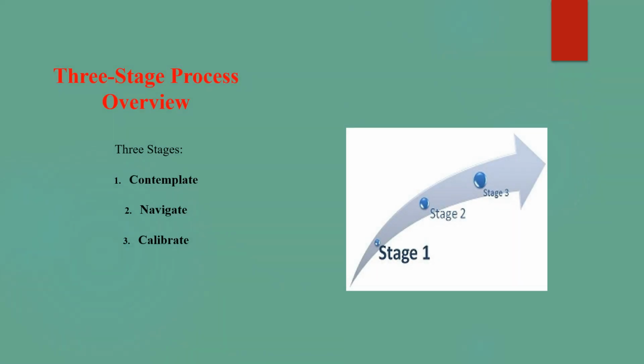Three-stage process overview. Goldenberg introduces a three-stage process for crafting an effective social strategy consisting of contemplate, navigate, and calibrate.